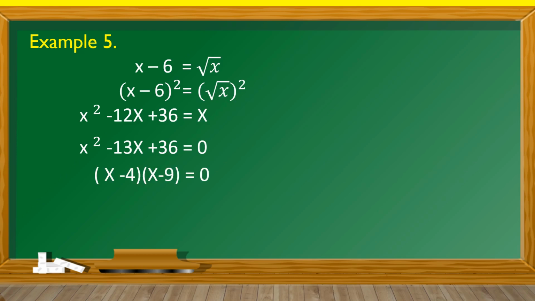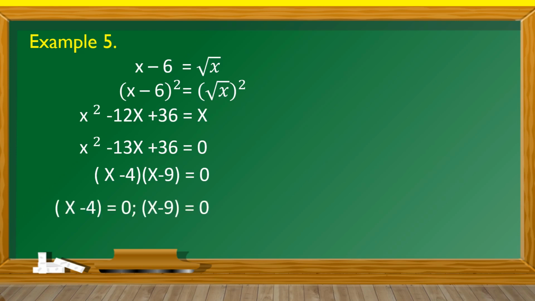So the factors of x squared minus 13x plus 36 are the quantity x minus 4 and the quantity x minus 9. So the equation will be the quantity x minus 4 times the quantity x minus 9 equals 0.